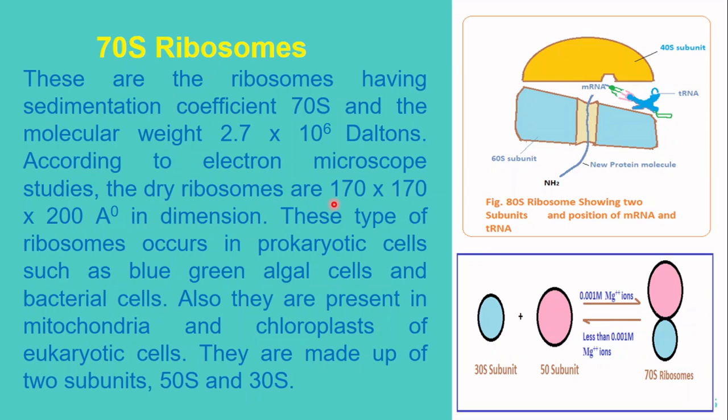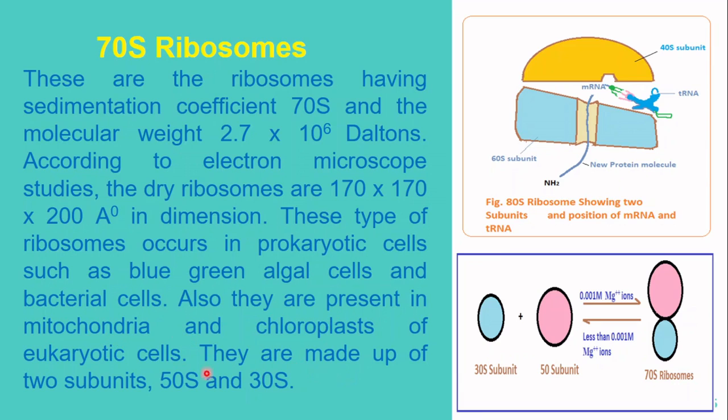The dry ribosomes are 170 into 170 into 200 angstrom in dimension. These types of ribosomes occur in prokaryotic cells such as blue-green algal cells and bacterial cells. Also, they are present in mitochondria and chloroplast of eukaryotic cells.